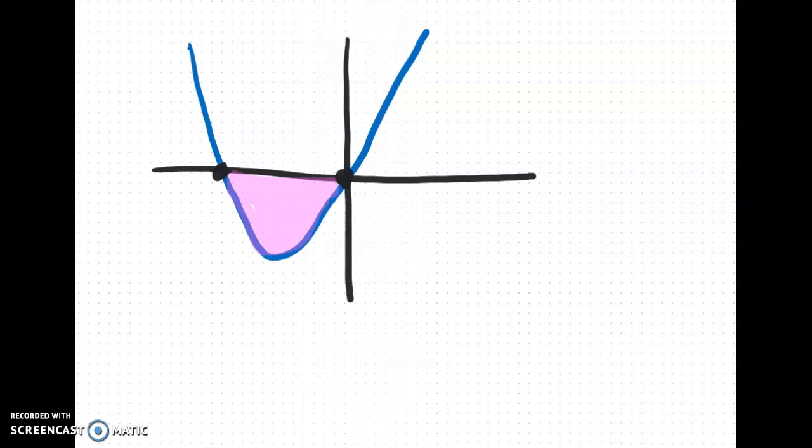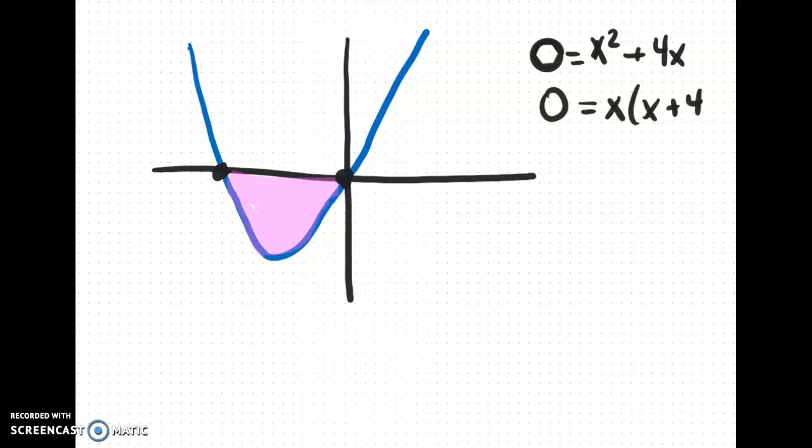And so we can do that either with the graphing calculator and finding those intersection points, or what we can also do is let the output equal 0 for the function f of x, and we can find that. And so if we plug in 0 here, we can do some factoring, and we will get x equals 0, x plus 4 equals 0.